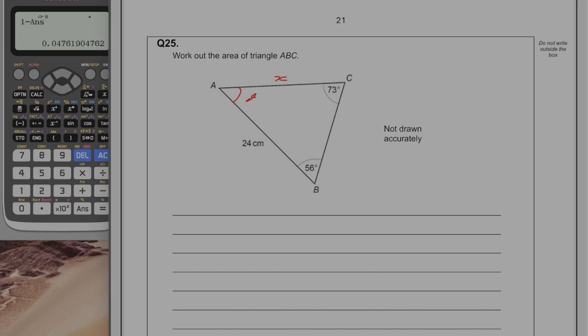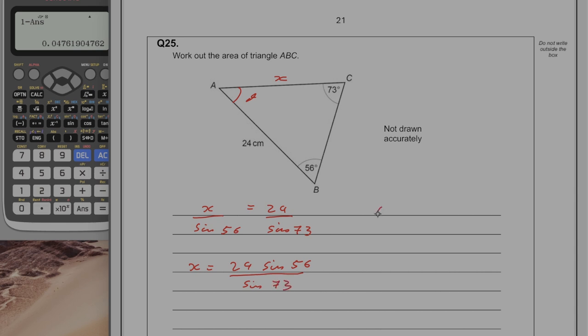Right, so I'm going to say first of all that x over sine of 56 is equal to 24 over sine of 73. So x is equal to 24 sine 56 over sine of 73.